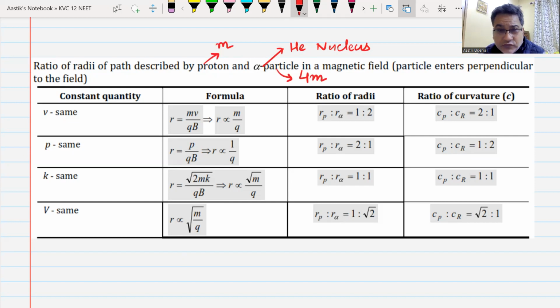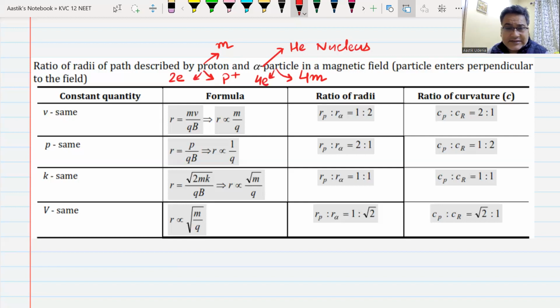It has 2 neutrons and 2 protons, so its mass becomes 4 times m. If the charge on the proton is p plus, which is the same as the charge of an electron but positive, the charge of the alpha particle will be 2 times that.